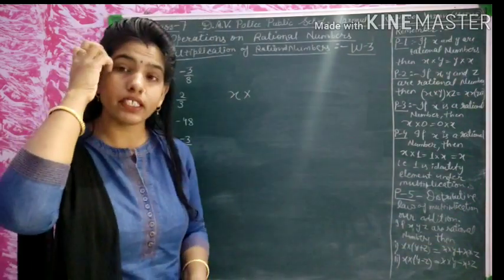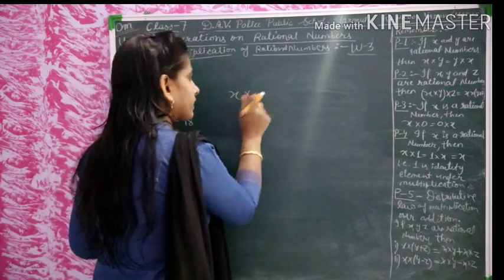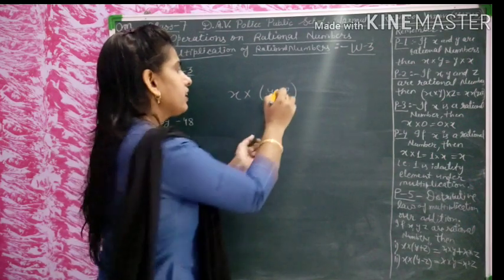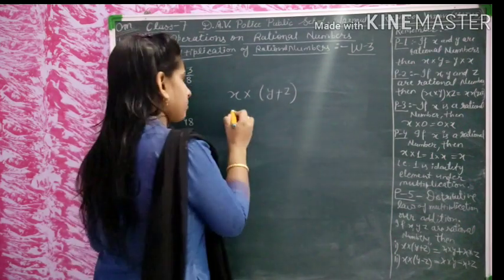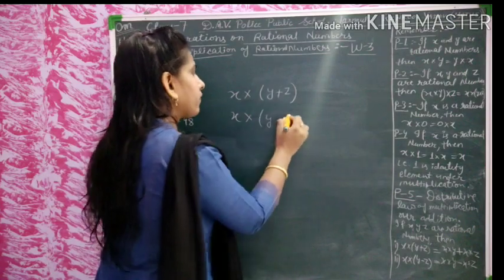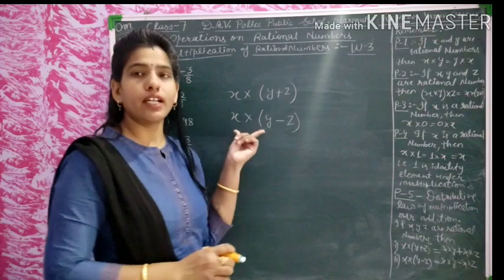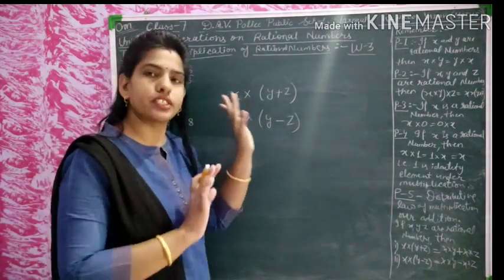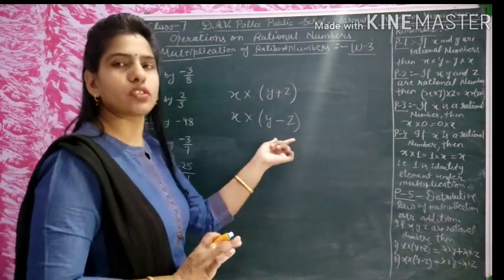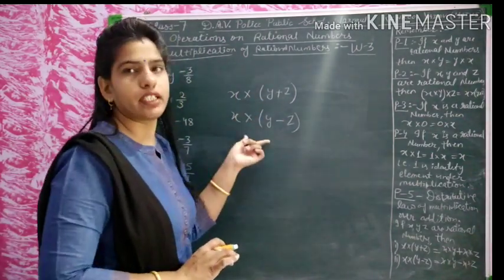Law of multiplication but over addition. There is the addition here, and the same is done like this, x into y, and for the other property there is subtraction. Okay, students, this is known as the distributive law, either this is plus or this is minus, the distributive law under multiplication.